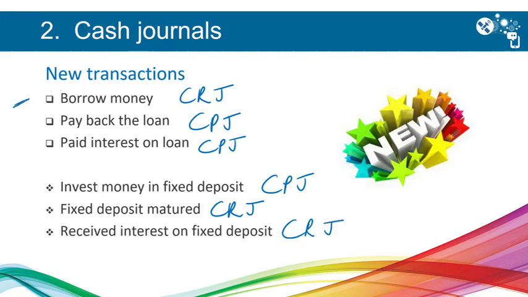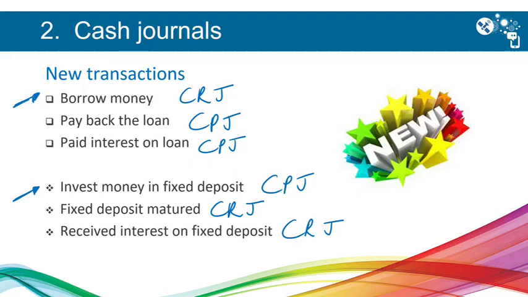When we borrow money initially, we see loan as negative. We want to put everything in the CPJ. But initially, we receive the money, CRJ. The same with a fixed deposit. Initially we take that out of our bank account, CPJ, and after that, yes, we receive the interest and we receive the fixed deposit whenever it matures.